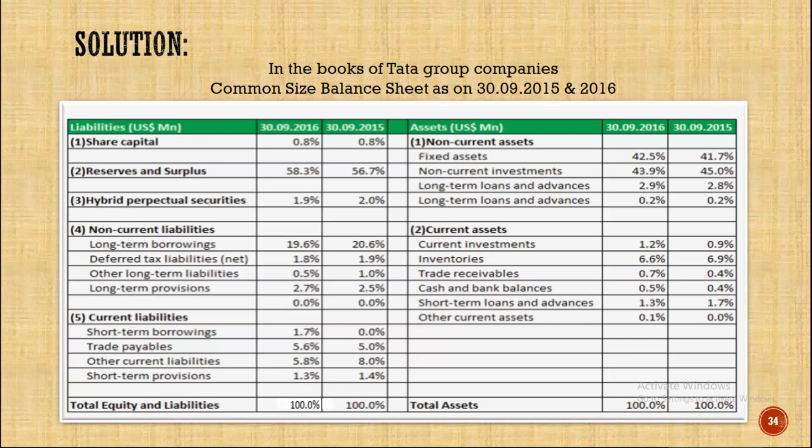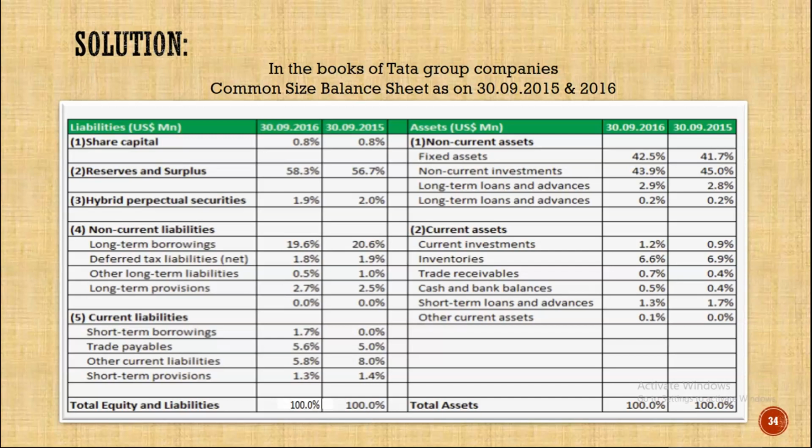So in this way, we can compare the figures between the 2 years and we can comment on the happenings of the organization. What must have happened at that particular point of time can be understood, can be judged.